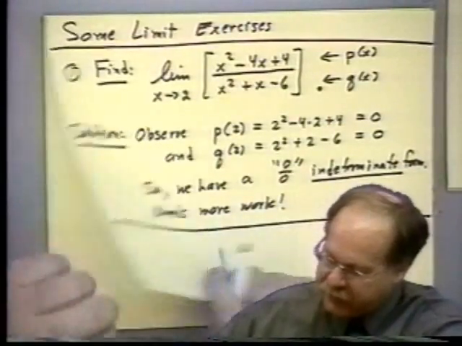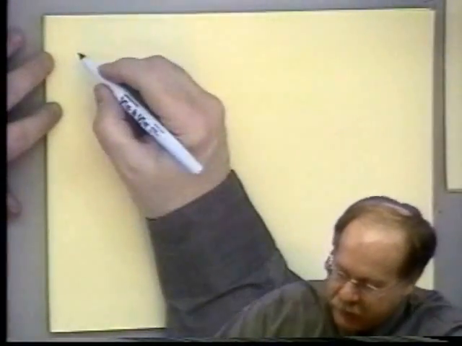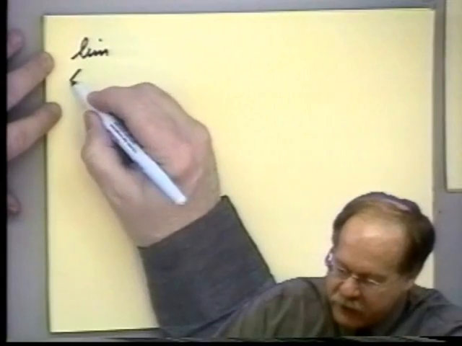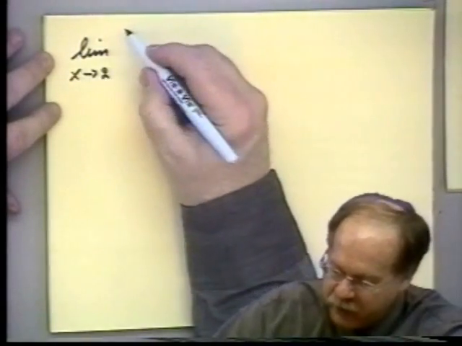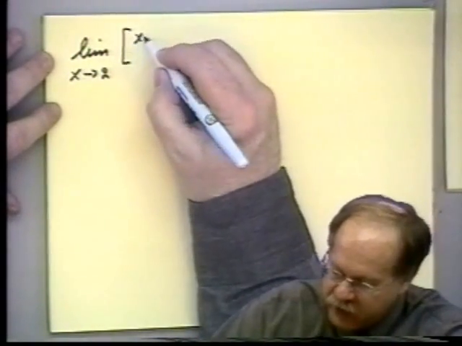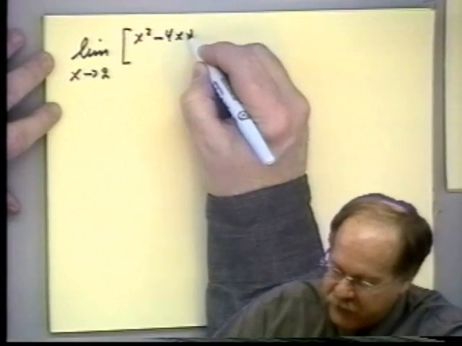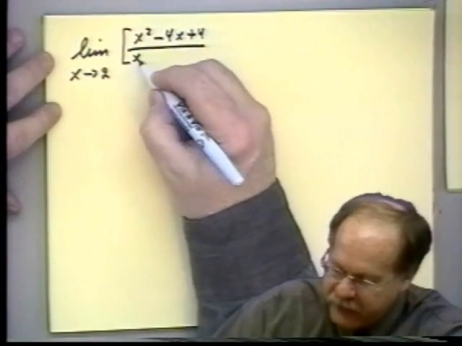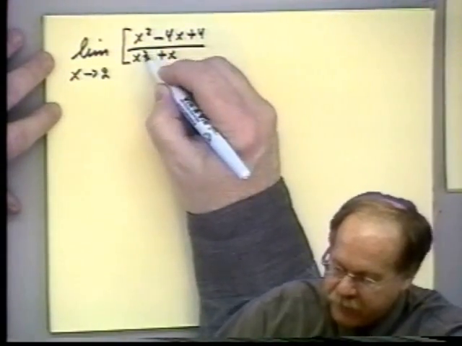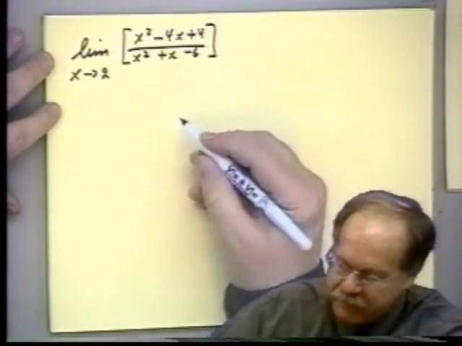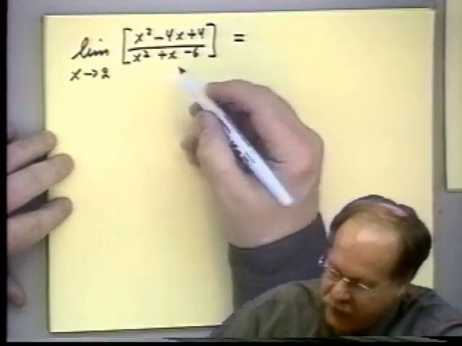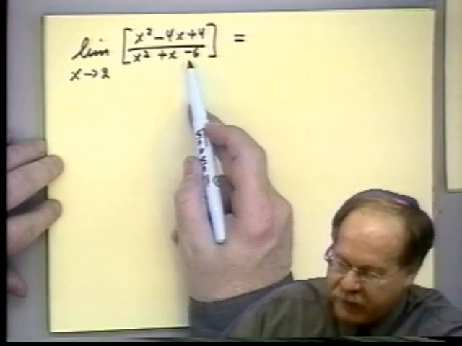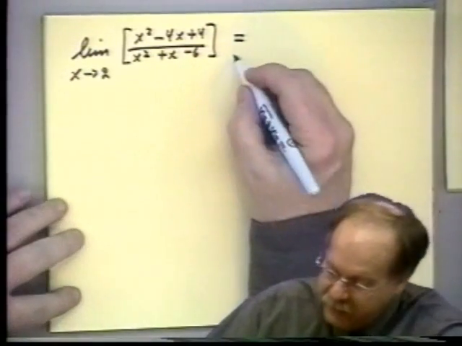So, why don't I take this to the next page so we can work this out with a little bit more space. So here's the limit as x approaches 2 of this function x squared minus 4x plus 4 over x squared plus x minus 6. Well, the first thing I'm going to try, because it looks possible on the top and the bottom, is I'm going to factor.